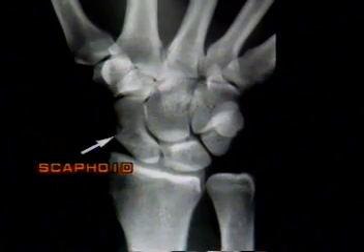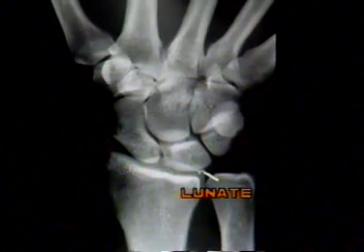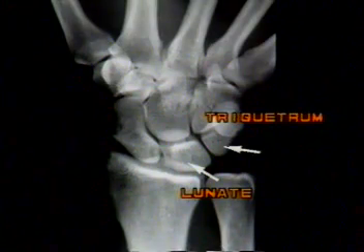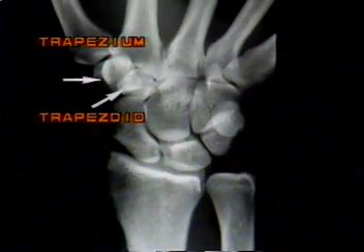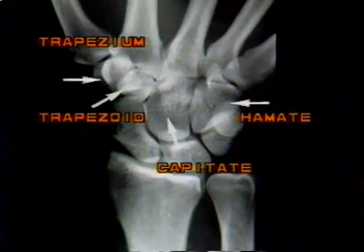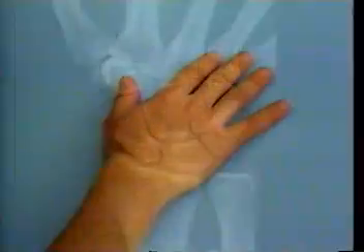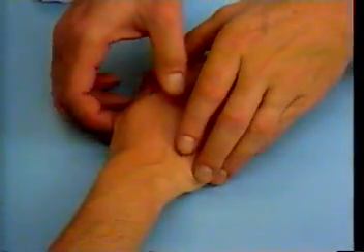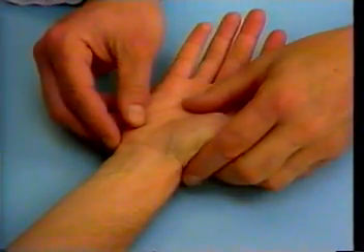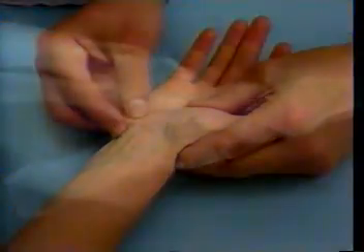Progressing ulnarwards in the proximal row are the lunate and triquetrum. The trapezium and trapezoid, capitate and hamate comprise the bones of the distal row of the carpus. On the volar aspect, palpate the pisiform, which overlies the triquetrum.